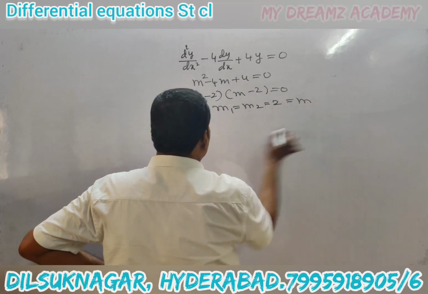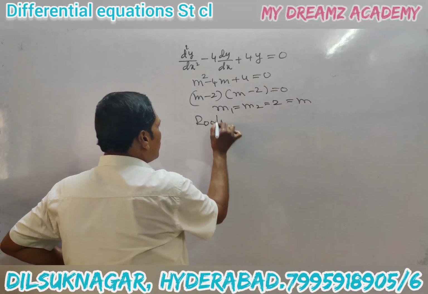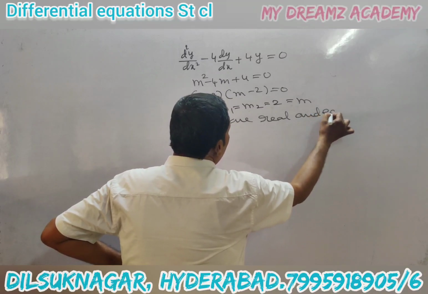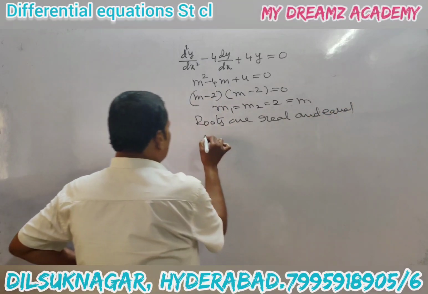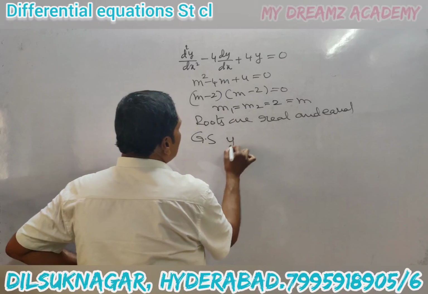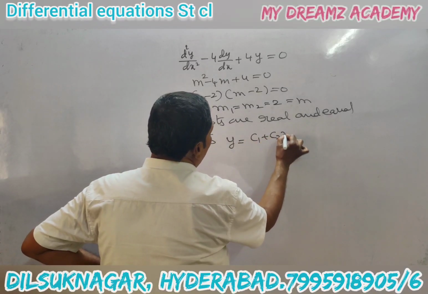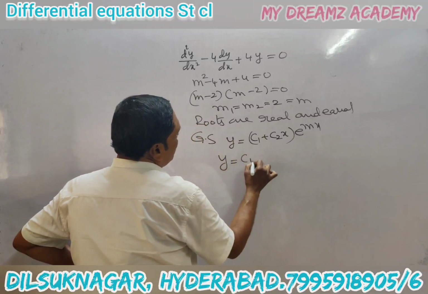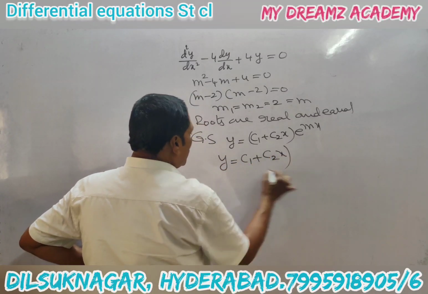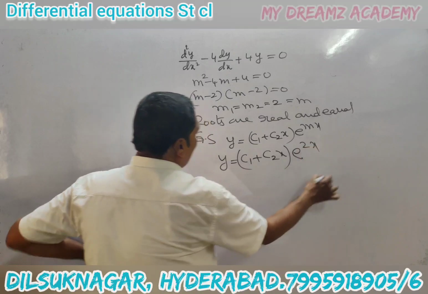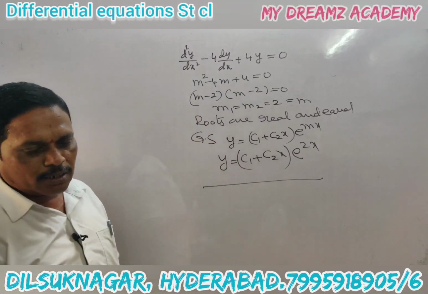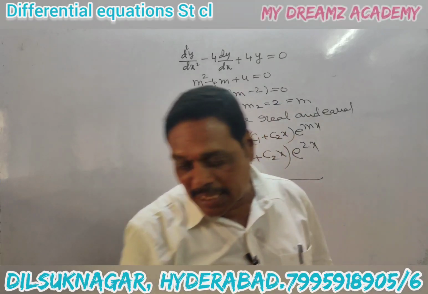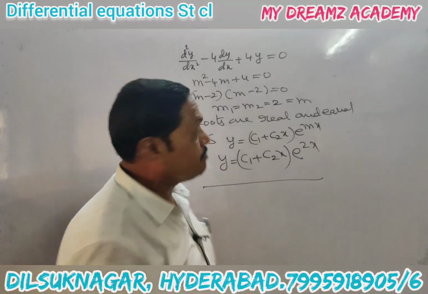That is, roots are real and equal. The general solution is y is equal to (c1 plus c2x) into e power mx, that is y is equal to (c1 plus c2x) into e power 2x. This is the general solution. See how we are solving within seconds.